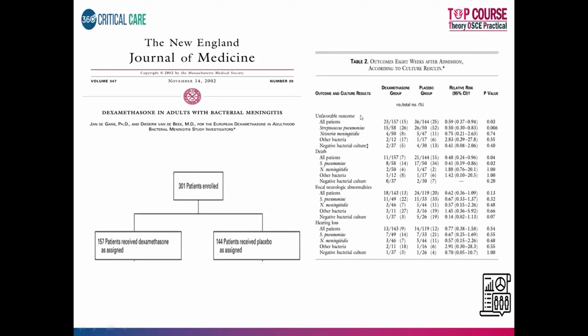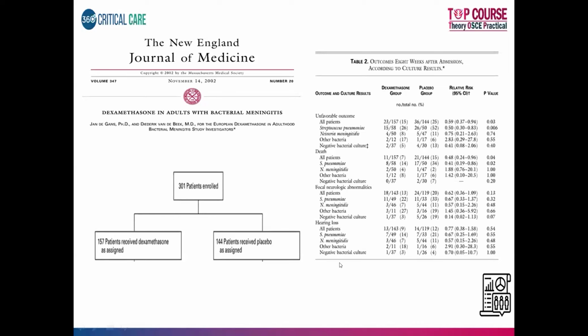The unfavorable outcome was measured in the form of the Glasgow outcome scale. Taking this data, please calculate the number needed to treat for this patient group. You calculate the number needed to treat for unfavorable outcome and also for death.